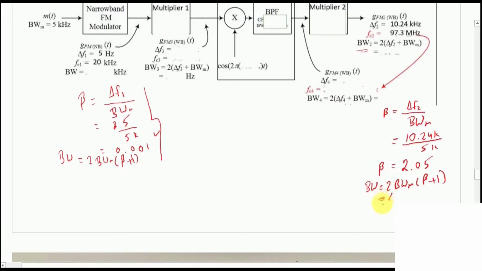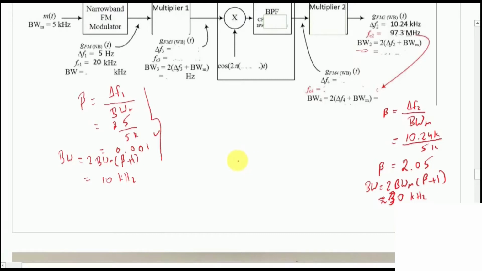Let me approximate it to 30 kilohertz. So over here we have 30 kilohertz at the wideband FM, whereas in narrowband FM originally it was simply 10 kilohertz. So there is a threefold increase in the bandwidth.